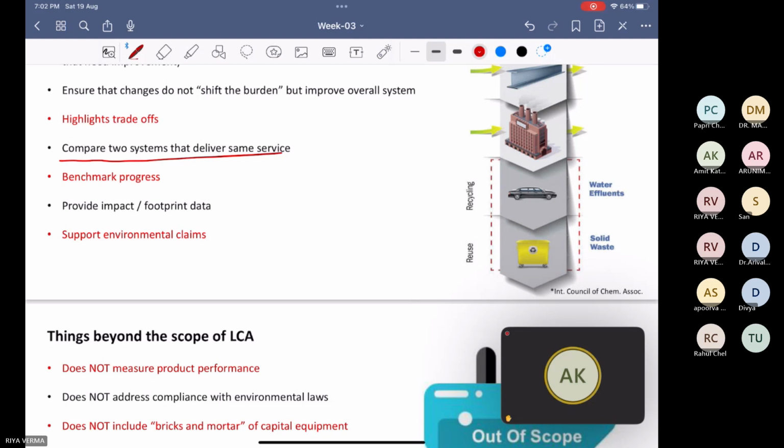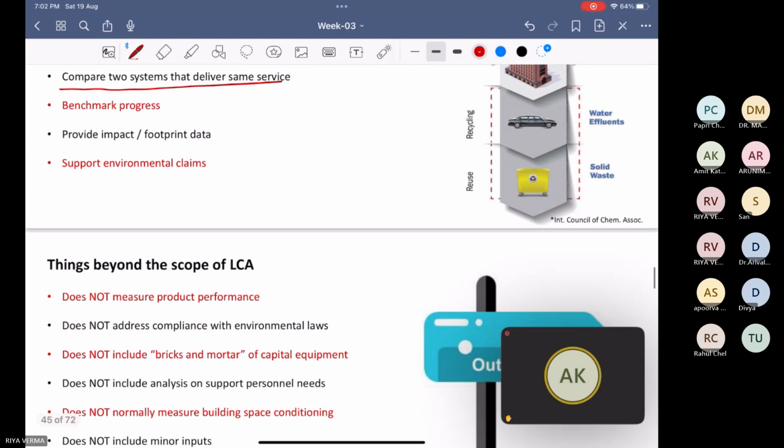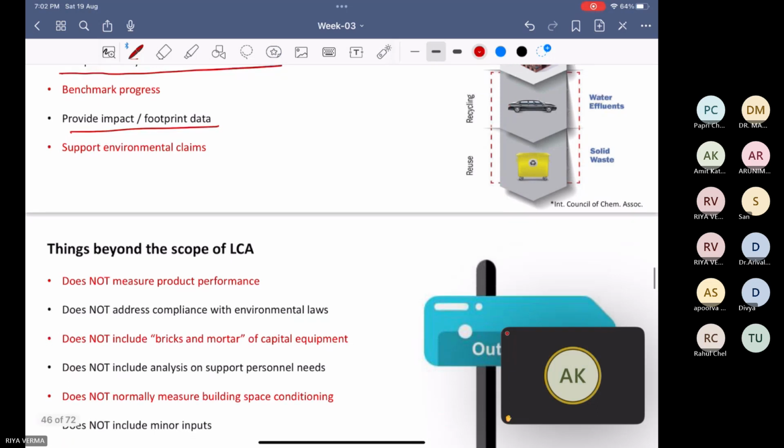So it can be used in the comparison part. Then for benchmark progress, it can provide the impact or footprint of a certain activity, product or service, and it can also help to support environmental claims.